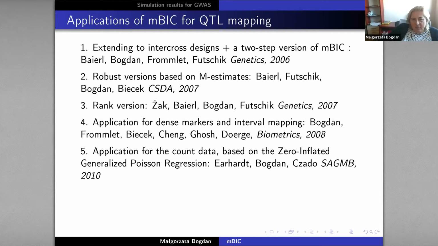And here you have position number 5, the zero inflated generalized Poisson regression. So if you are interested, if you learn about it, Poisson regression is a very nice model, but not very useful. It's not useful because the Poisson distribution is a very stiff distribution. It has just one parameter, lambda, which is equal to the expected value and variance.